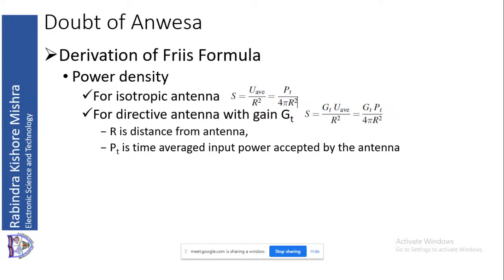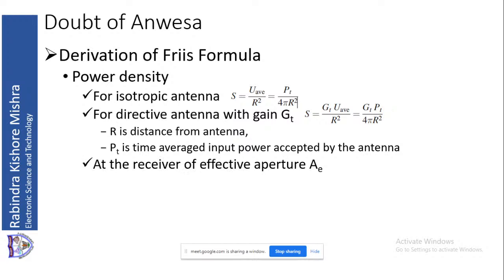So if the source sends power P in, out of that, after the loss in the circuit and the loss in the antenna due to conduction, dielectric, etc., whatever power is the input to the antenna is PT. So that is the PT accepted by the antenna. The antenna accepts that power and radiates. So PT is the time averaged input power accepted by the antenna.